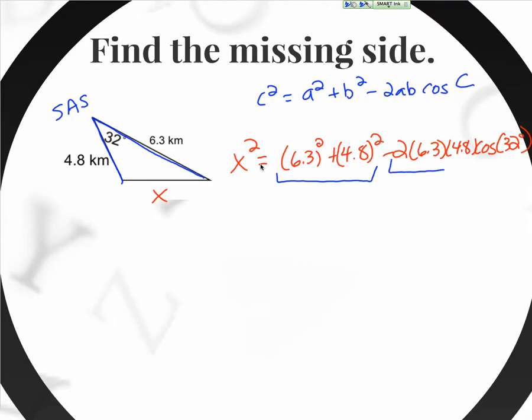And then I also like to times these. So 6.3 squared plus 4.8 squared, I got 62.73. And I do use my calculator on this stuff. And then I end up doing the 2 times 6.3 times 4.8, and I got 60.48.